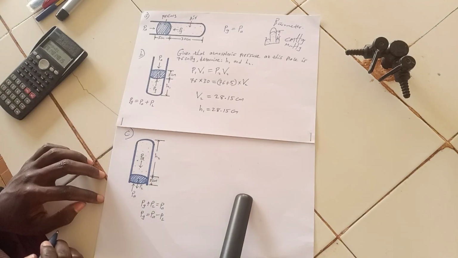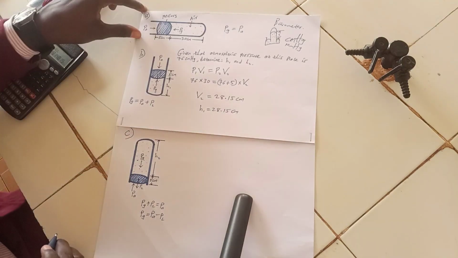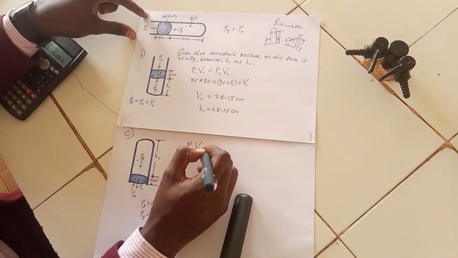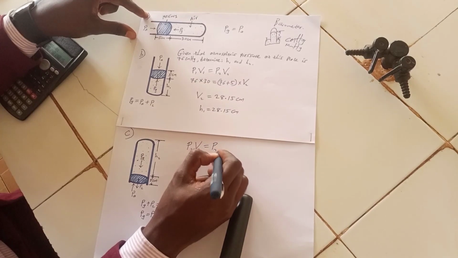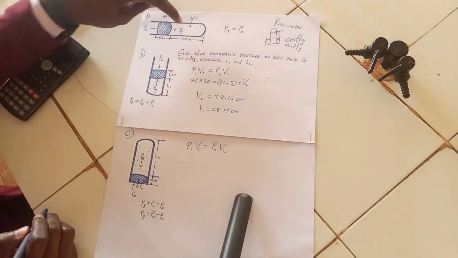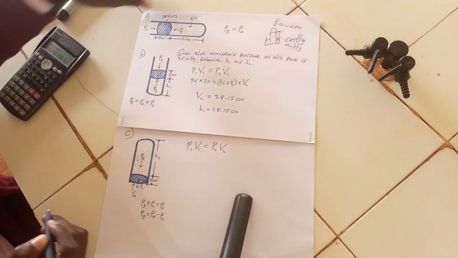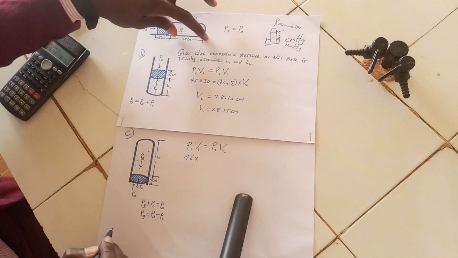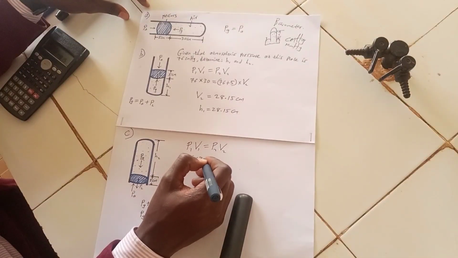Let's look at number C now. We are comparing C and A. So we still know pressure 1 volume 1 is equal to pressure 2 volume 2. So pressure 1, we still have here pressure of the gas, which is equal to atmospheric, 76. Volume 1, we have it here, 30.